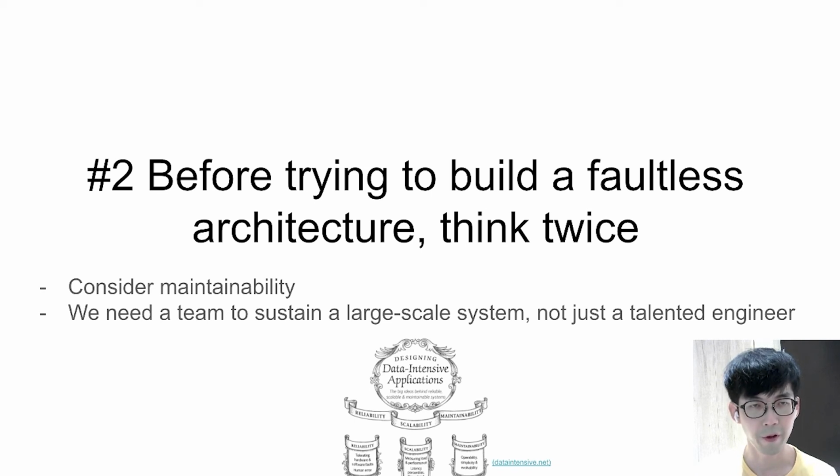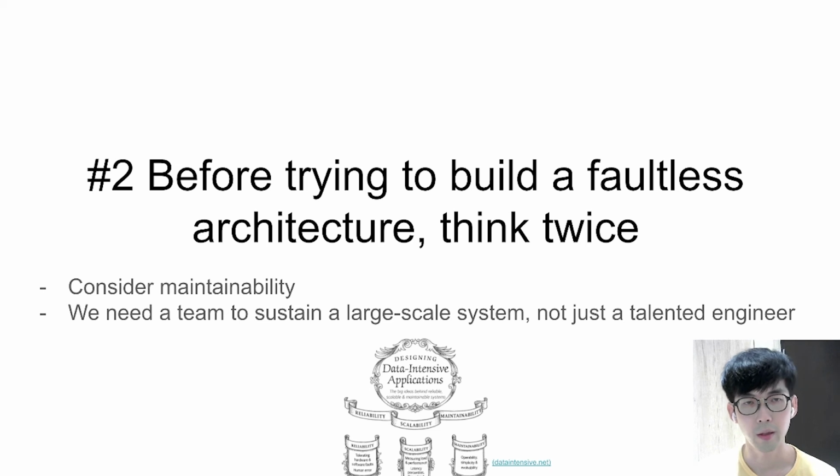But there's one more thing I have not mentioned yet. Apart from reliability and scalability, maintainability is also a key factor. In his book, Martin Kleppmann stated that reliability, scalability, and maintainability are the 3 most important factors while designing a data-intensive application.